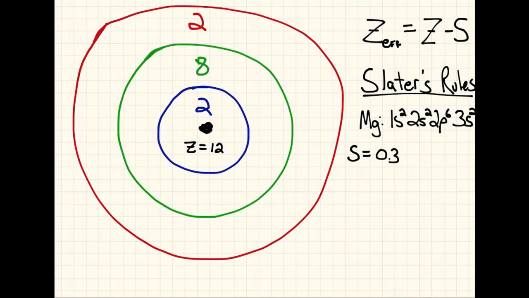Now, what does that mean? What does this 0.35 mean? One of the conceptual ways of thinking about what that means is you could say that the second electron in this zone shields me from the nucleus about 35% of the time. That's one of the ways to interpret this number.